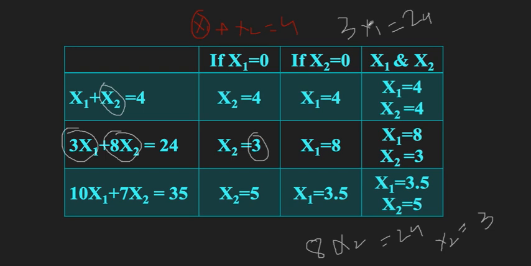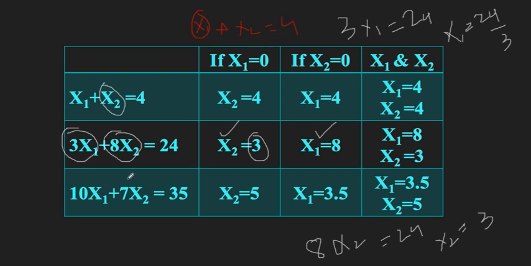Then x1 will be how much? x1 is equal to 24 divided by 3, and 24 divided by 3 is 8. That is what we have got here. Right, so x1 is equal to 8 and x2 is equal to 3.